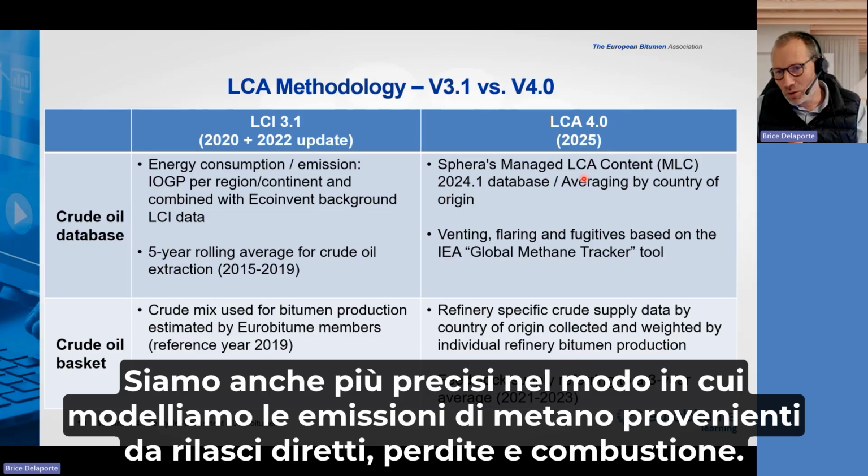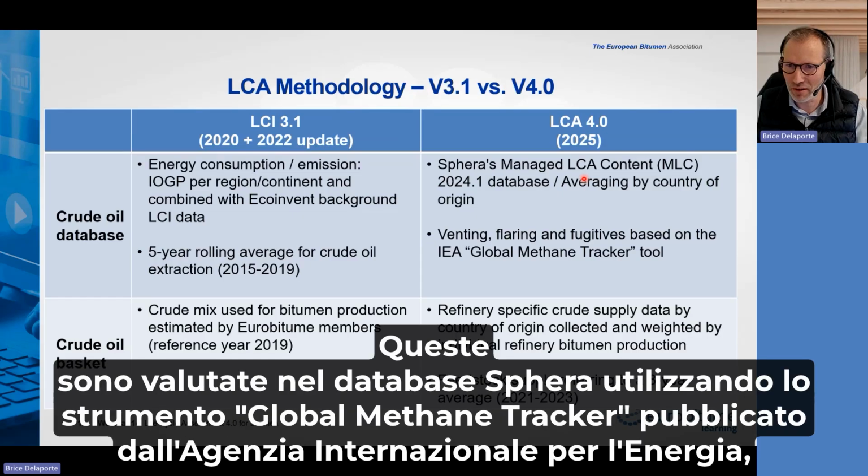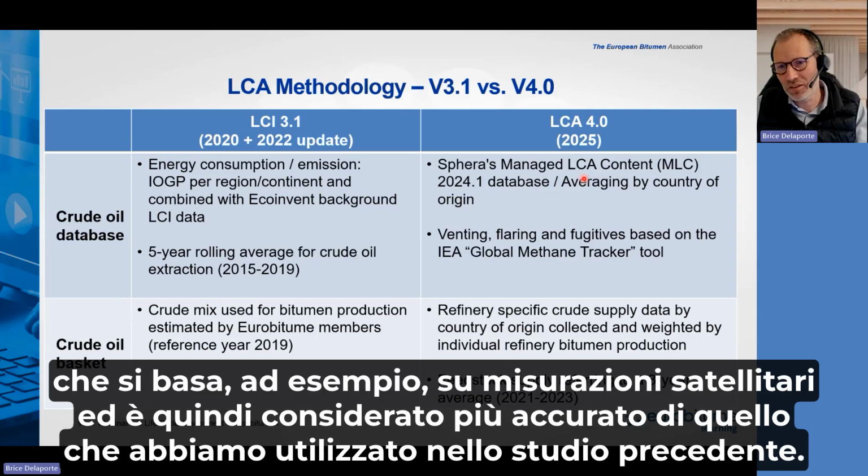And we are also more accurate in the way of modeling the methane emissions from venting, flaring, and fugitives. It's based in the Sphera database on the Global Methane Tracker tool, which is published by the International Energy Agency, and which is based, for example, on satellite measurements. So considered again as more accurate than what we used in the previous study.